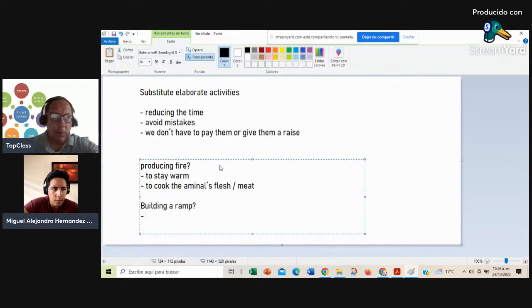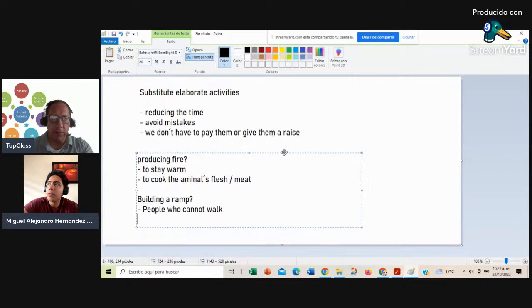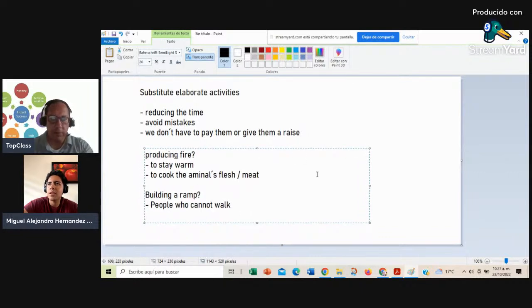Probably they were built for people who cannot walk and use wheelchairs? Well, yes, but I'm talking about the old days, prehistoric. I don't know, probably to reach things that normally we couldn't reach without a ramp. Yes, to reach things at a higher altitude.